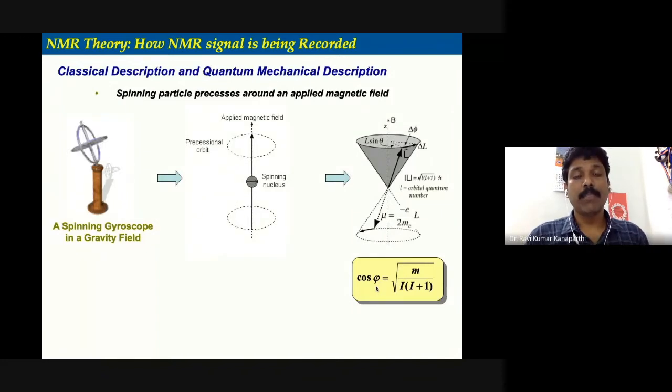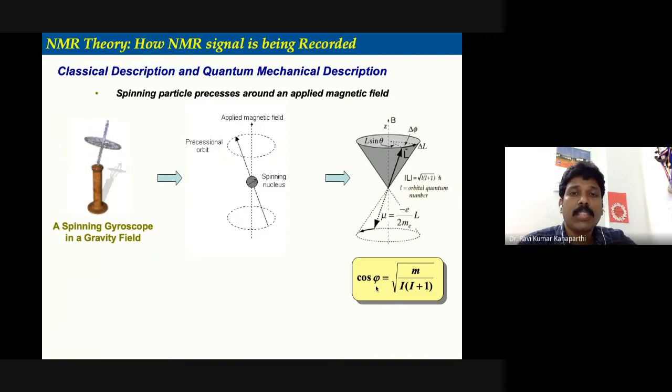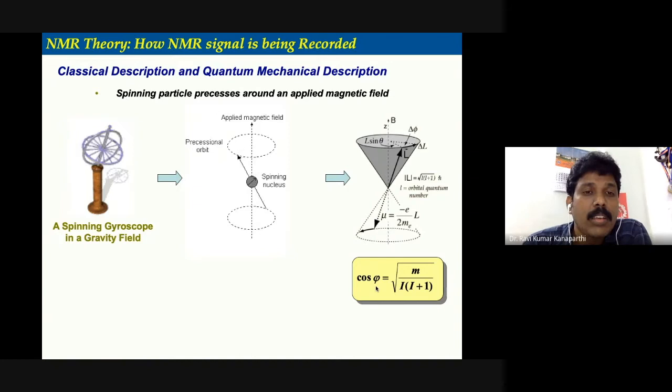And similarly, if time permits, we will also see what NMR relaxation is and how it is related to the spectral width, or the NMR signal width. As we have learned in the previous class, to understand the NMR signal recording process, there are two ways that we can understand this particular process, and these are known as a classical description as well as a quantum mechanical description.